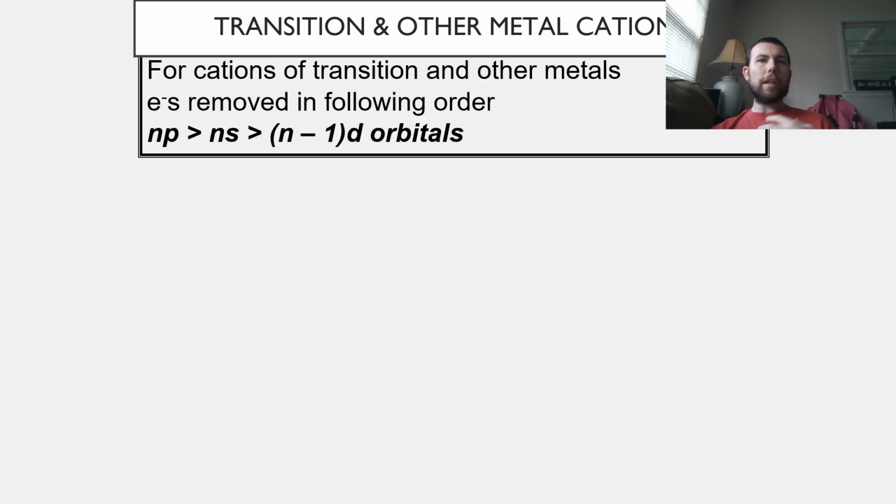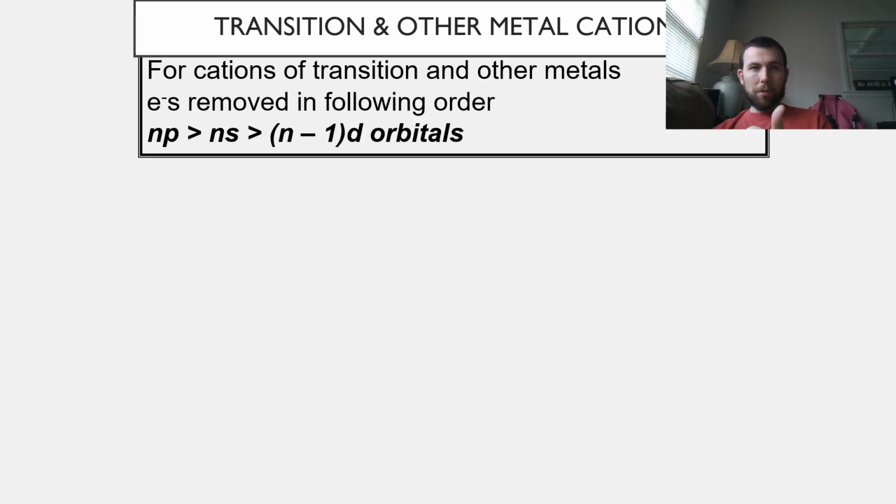When you start to look at your transition metals and some of your later p block metals, like tin and lead, the electrons are going to be removed in the following order: np, ns, (n-1)d orbitals. Now, n and n-1 correspond to those principal quantum numbers, right? So you're always going to remove from the p orbital first.